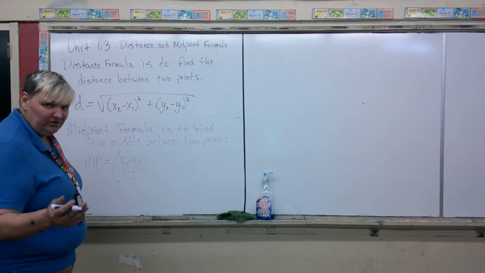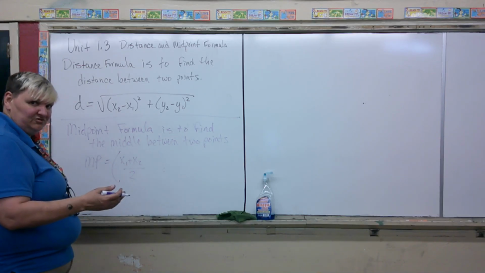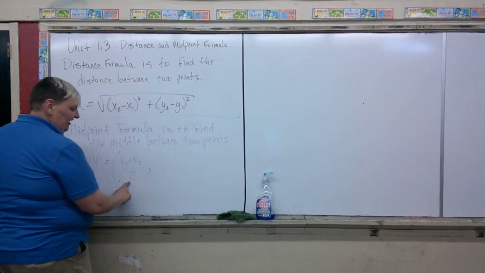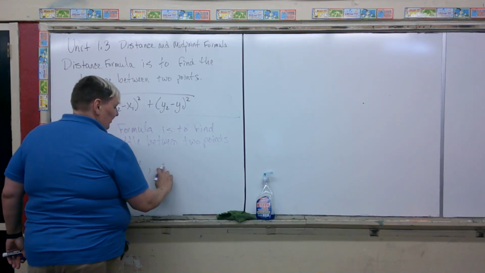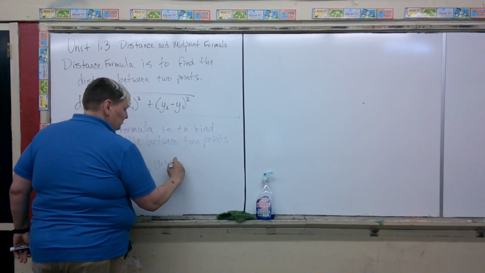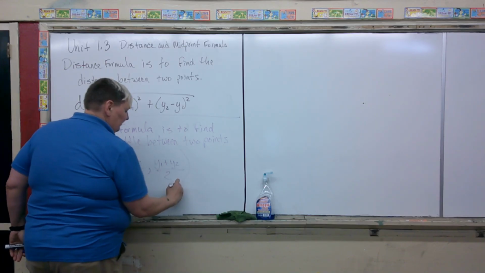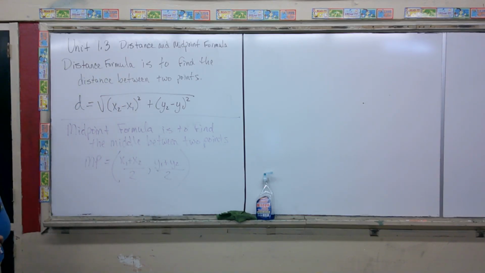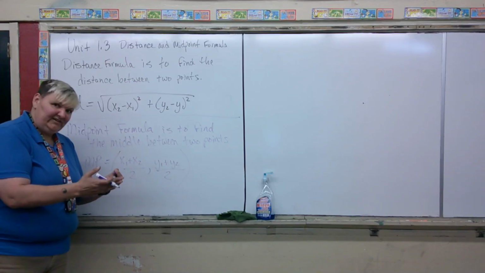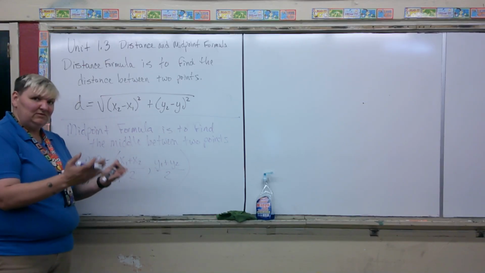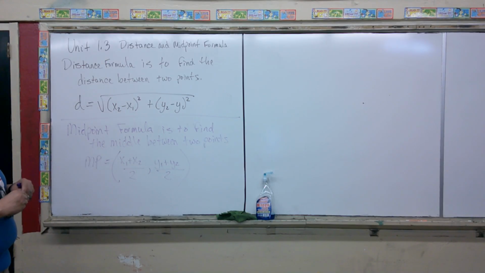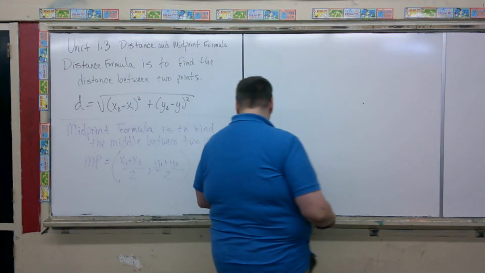Because if you add two numbers together and then divide by 2, you're cutting it in half. You're finding the middle. Right? That will give you your x value. And then you add your two y values together, y1 plus y2 divided by 2, and that will give you your y value, x comma y. That will give you the point, the coordinate for the point in the middle. Once you have the coordinates, you know where to put the point. Alright, let's practice using these.